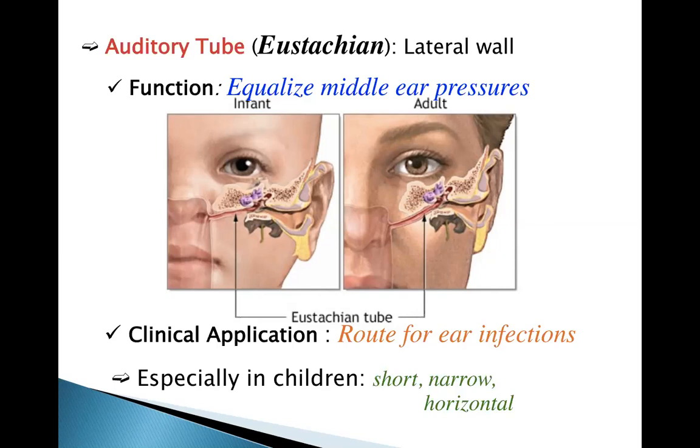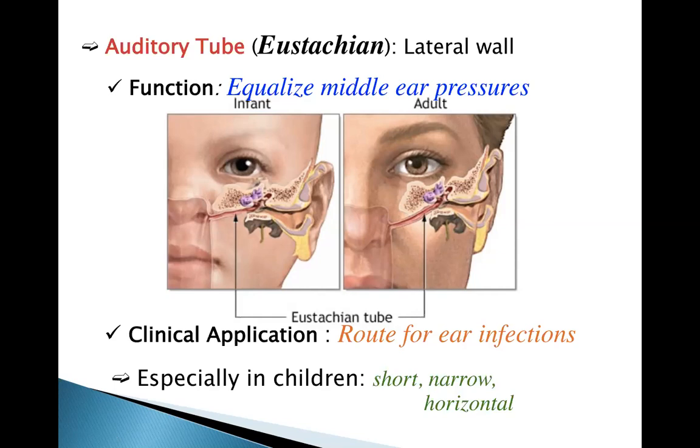Oftentimes when this happens, you can say, well, I need to pop my ears. And what you usually do is you change the position of your mandible, like you rock your mandible back and forth or you chew. And that really stretches this eustachian tube as you're manipulating your pharynx. It kind of pops and stretches open. Oftentimes you'll hear it kind of crackle. You can even do that now if you want, just adjust your mandible and you'll hear this crackling sound.